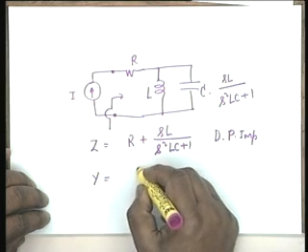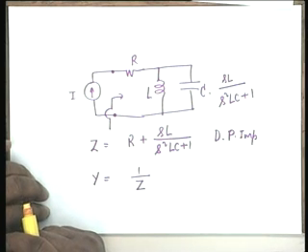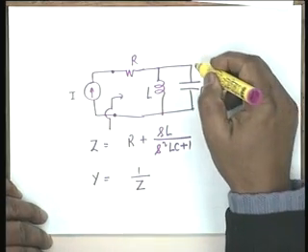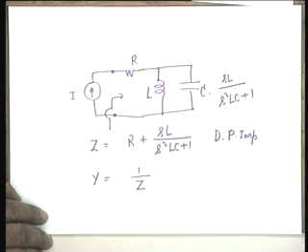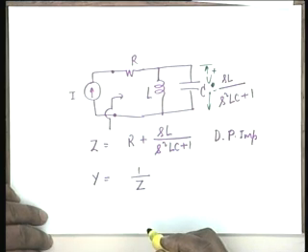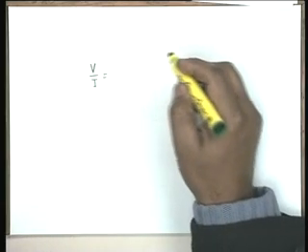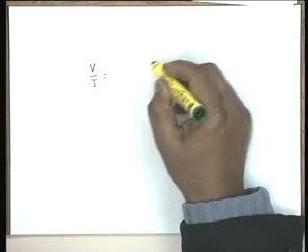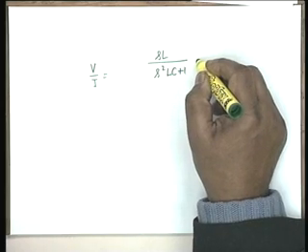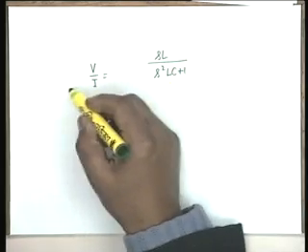The driving point admittance Y is simply the reciprocal of Z. Now if I want to find out, let us say, this voltage, if this voltage is your response, capital V, then the transfer function would be a transfer impedance V by I, and obviously if you look at the network, it shall be equal to the parallel combination of L and C, which is SL by S squared LC plus 1 multiplied by I divided by I. Therefore this is the transfer impedance.